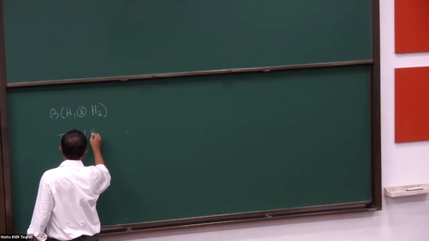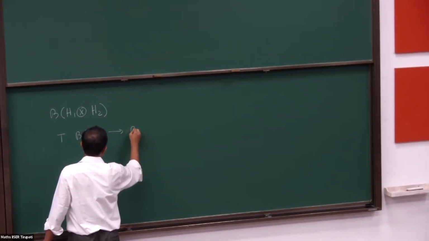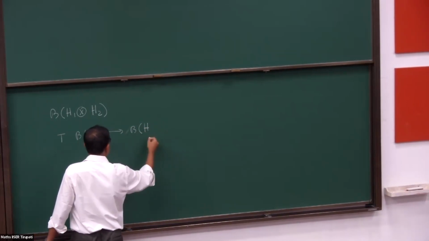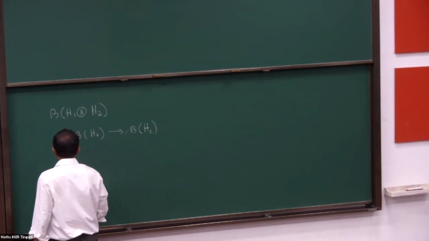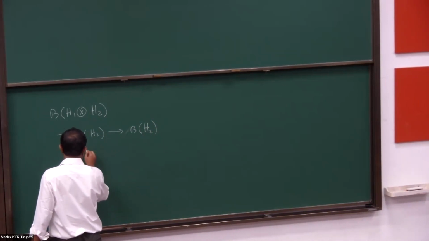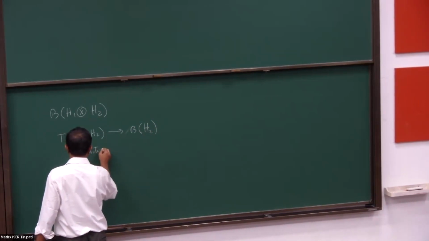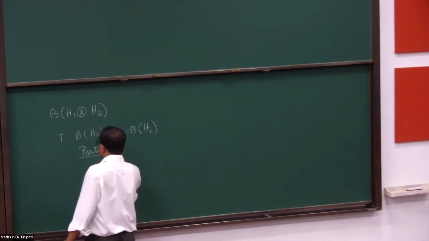Eventually you are working upon H1 tensor H2, and you take a transformation T from B of H2 to B of H, let me keep it as 2. What type of transformation do you want? You want the transformation to be positive, just positive.